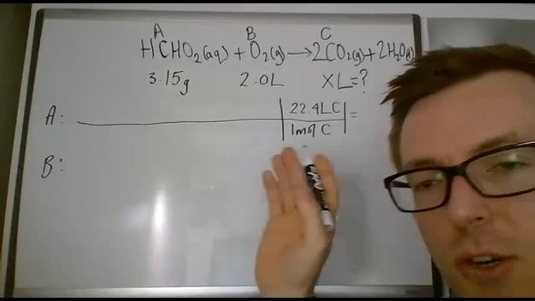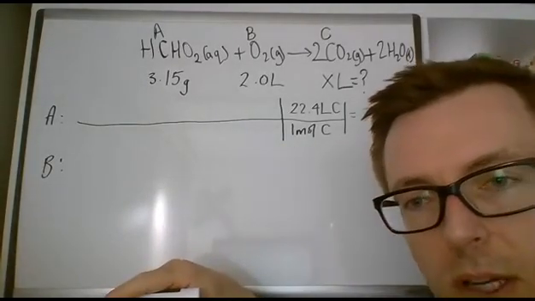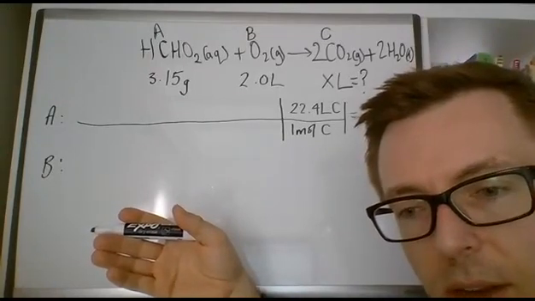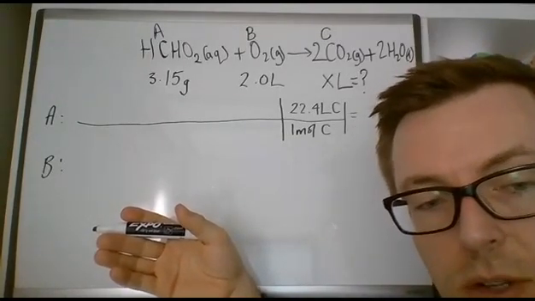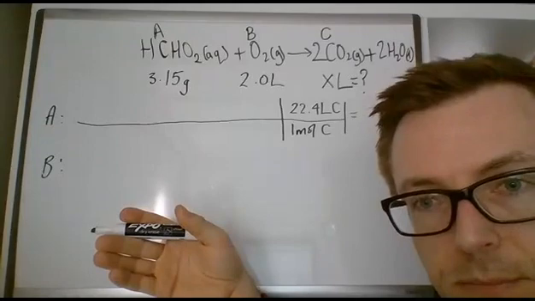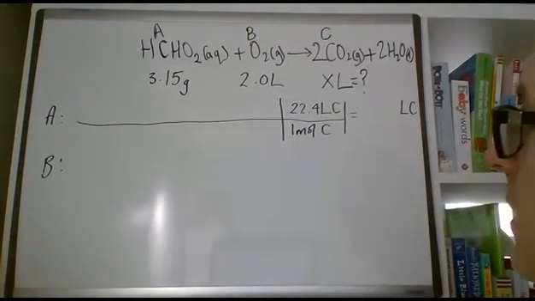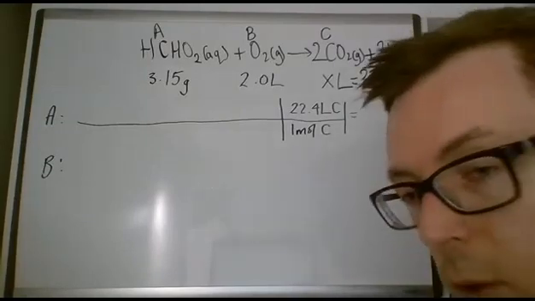Now this fact is true only at standard temperature and pressure. The standard temperature is 273 Kelvin, and standard pressure is 1 atmosphere. So 22.4 liters of any gas is equal to 1 mole of that gas.